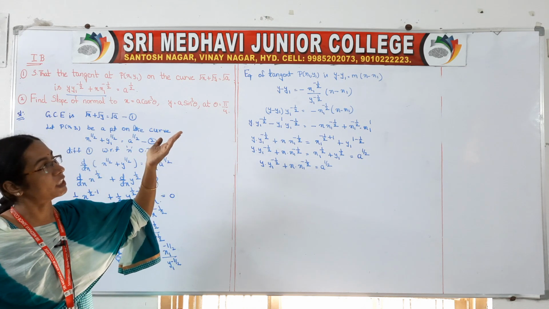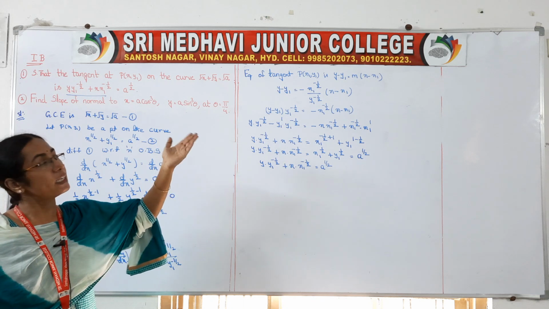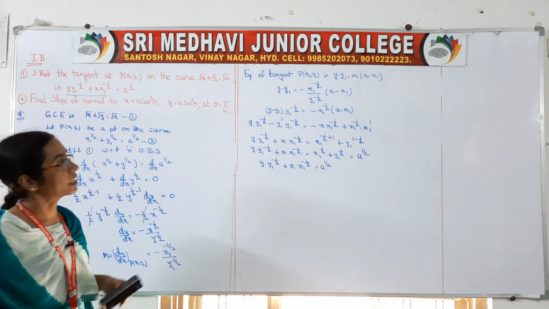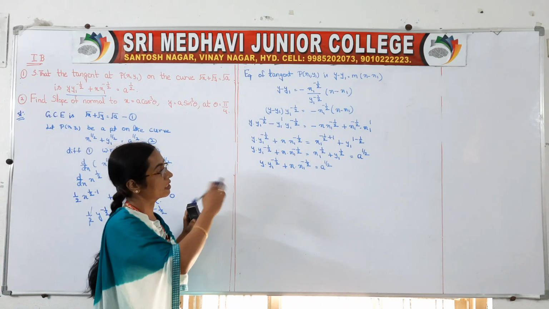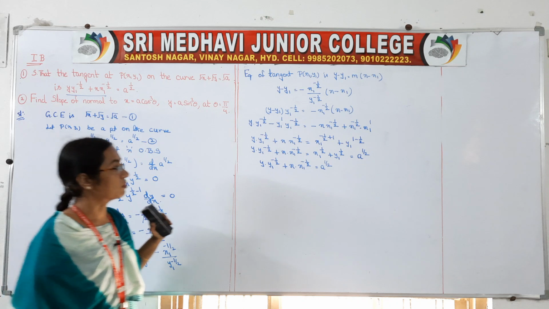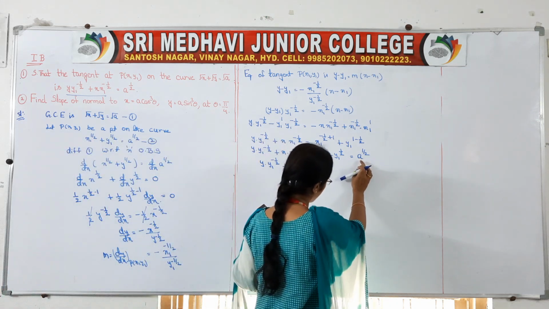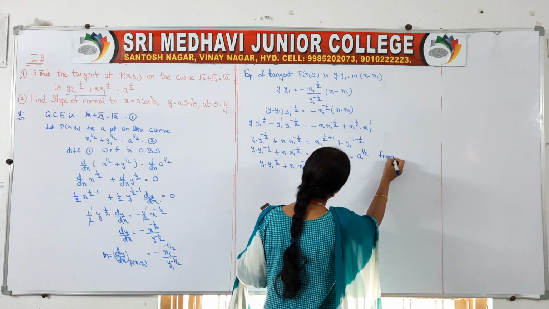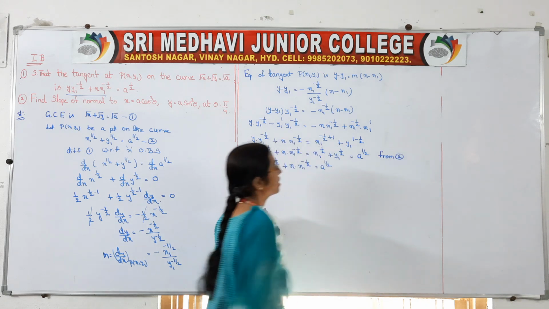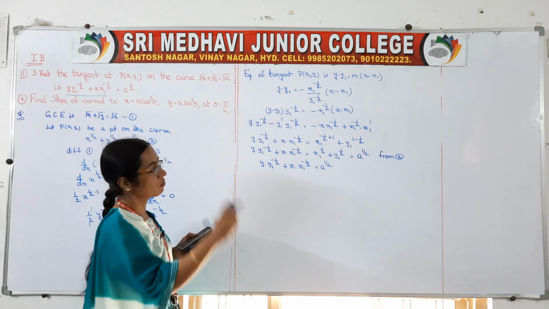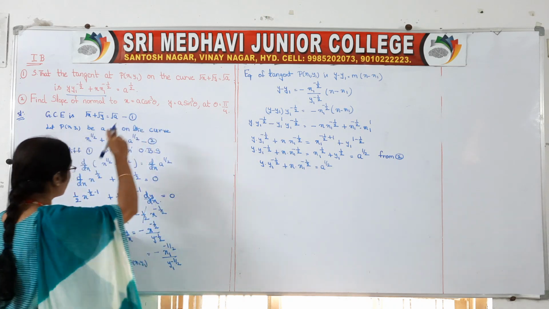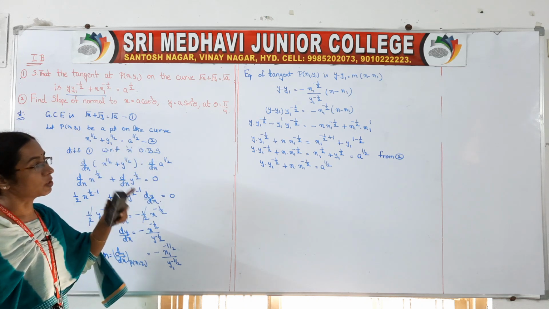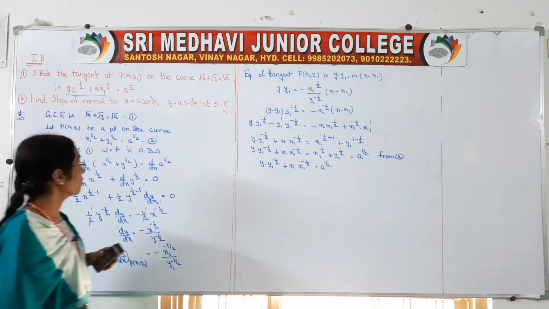What is the equation of the tangent at the point P(x1, y1)? It is y minus y1 is equal to m into x minus x1. Substitute your m value and simplify, you will get this one. Here how we have taken a to the power of 1 by 2, this is from which equation? Second equation, x1 to the power of 1 by 2 plus y1 to the power of 1 by 2 is equal to a to the power of 1 by 2. So that is the required tangent equation.